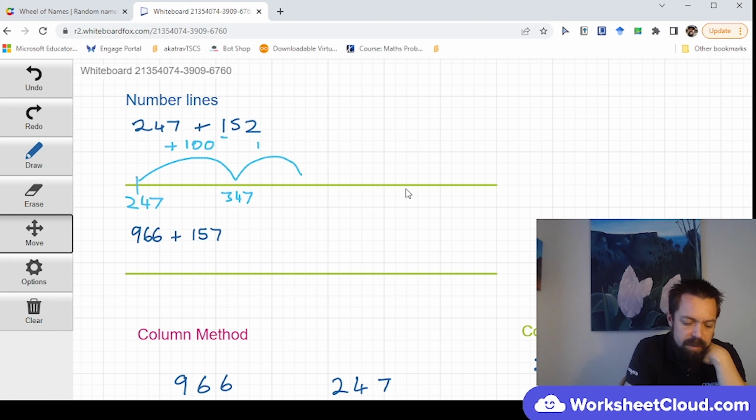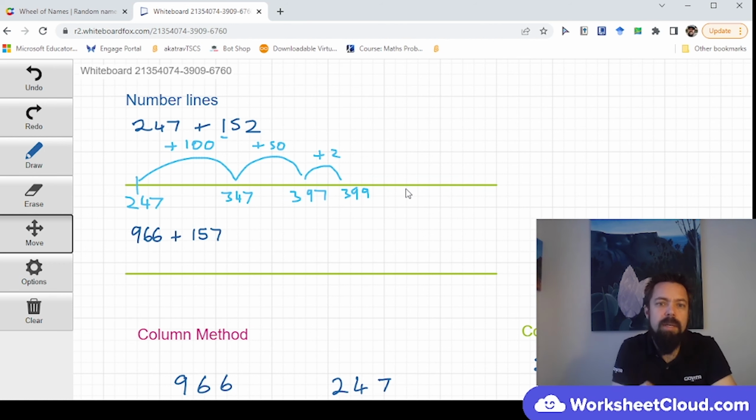Then I'm going to plus my 50, and that's going to take me to 397, and then plus my 2, and I get 399. All right, so just by jumping it in pieces and using a number line, I've got to my answer.